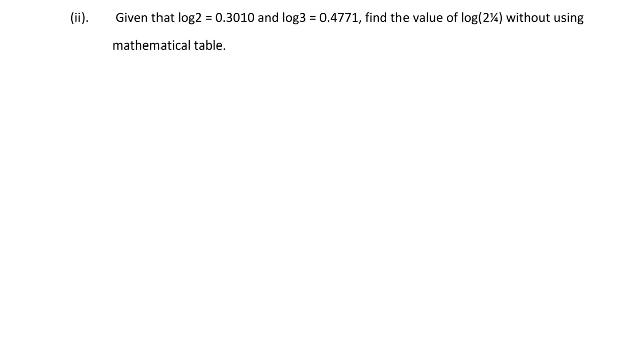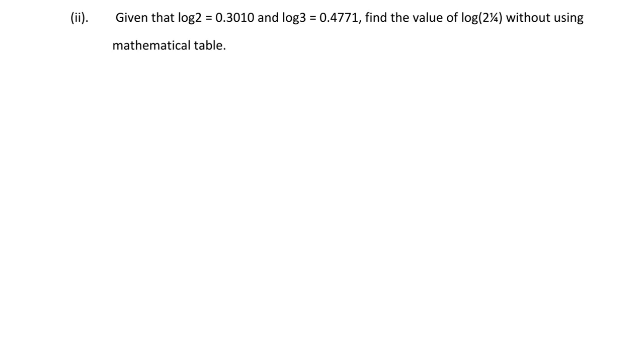For Roman 2, given that log 2 equals 0.3010 and log 3 equals 0.4771, we are supposed to find log 2 1/4 without using mathematical tables.